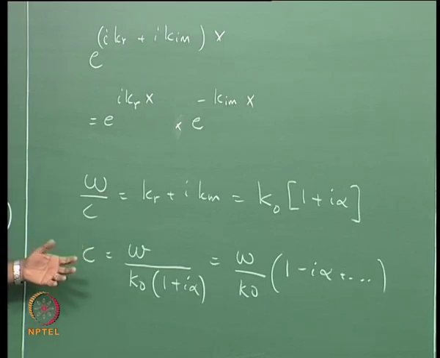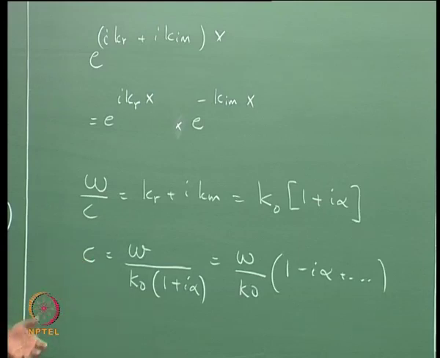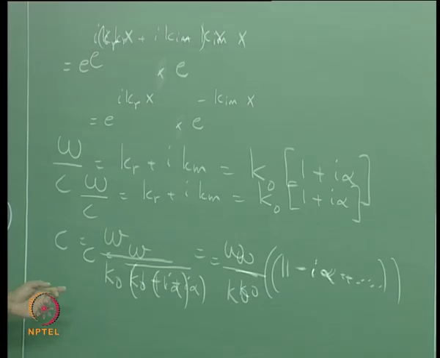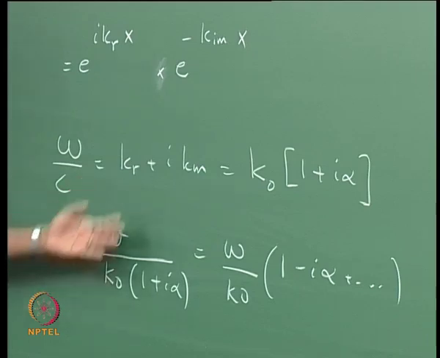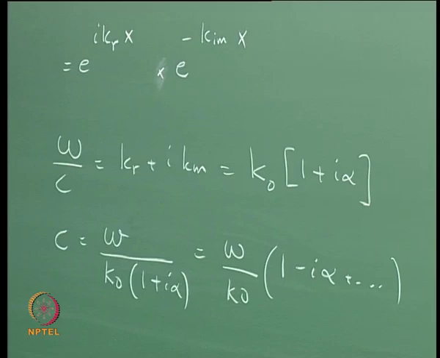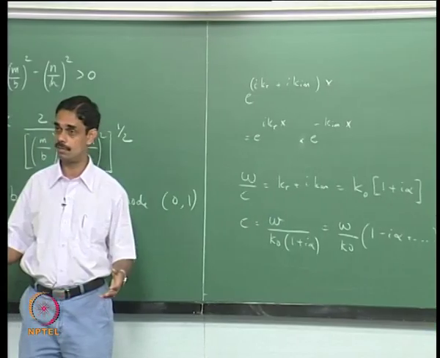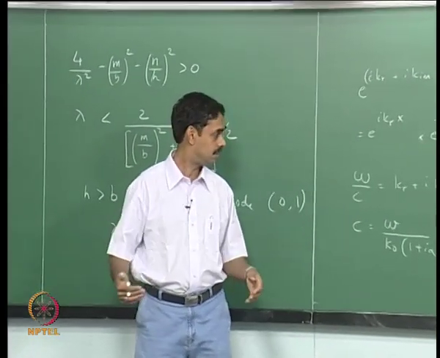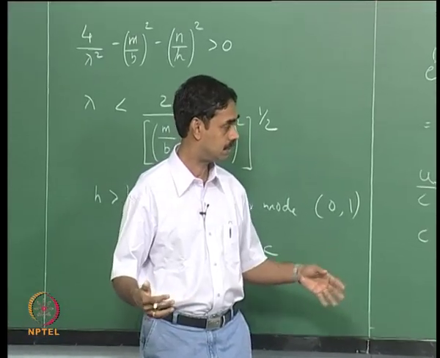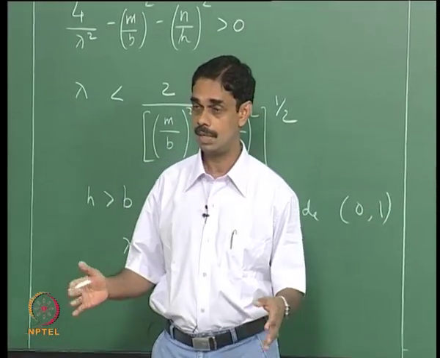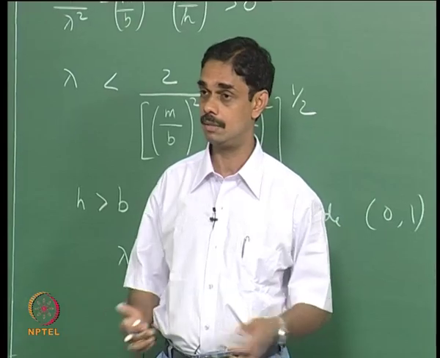It is not really the dispersion relationship, because there is no dispersion relationship here since it is not an eigenvalue problem. This can be called a complex speed, and people many times call it the complex speed of sound, but we have to understand that it is just a definition. The c, which is the square root of gamma RT, is indeed the speed of the wave, which comes out as omega over k naught, and the remaining factor is just a way of representing attenuation.